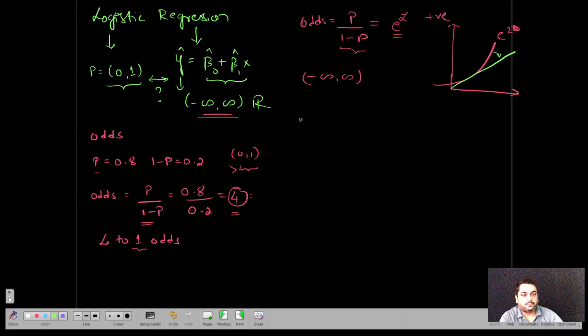Let us take this e power z, and say y equal to e power z. Now if I apply log, we get log y is equal to z into log to the base e. That means what you see here is nothing but a straight line, with slope log e. So that is how I'll get the line like this. So you have to convert this odds into log of odds.